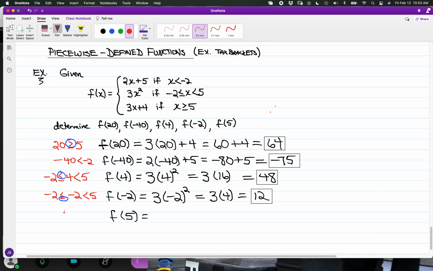So we have 5 is greater than or equal to 5. So we'll use the x is greater than or equal to 5 part to describe 5. So 5 is equal to itself, and then 5 is going to undergo the 3x plus 4 treatment. And so we have 3x plus 4 becomes 3 times 5, which is 15, plus 4. And so with the final output, we end up at 19.